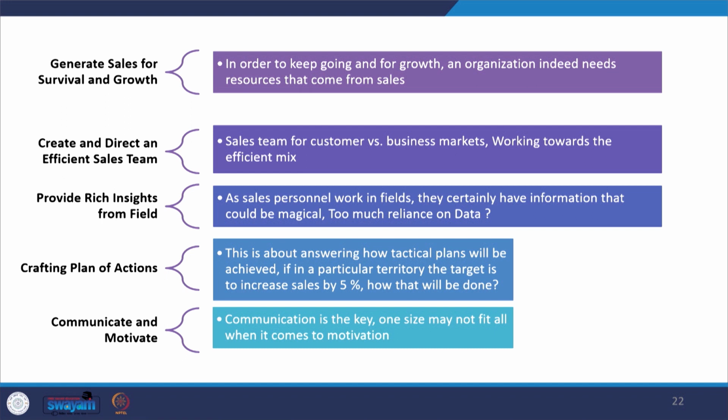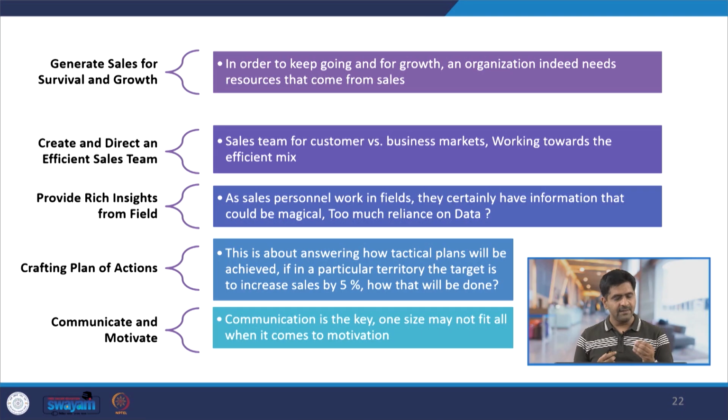Another important facet is creating and directing an efficient sales team. If you understand it from the perspective of customer and business markets, you will understand why this is important. Let me explain with an example. When you are preparing a sales team for business markets, it is very important that they have thorough knowledge even about the technical specifications, which might not be required for consumer markets.